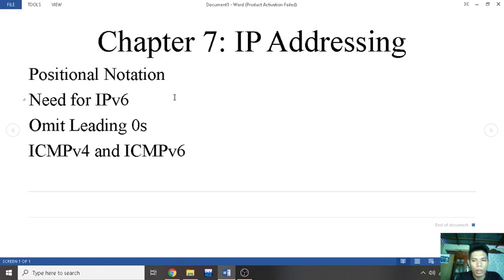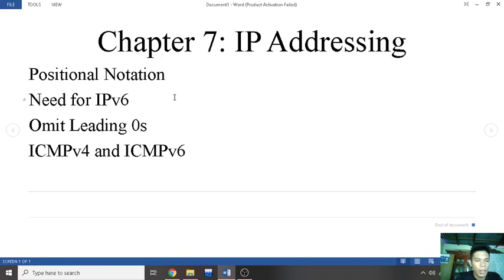So 01AB is represented as 1AB. And 09F0 can be represented as 9F0. So we are always omitting the 0 on the first number. So 0A00 will be represented as A00. And 00AB can be represented as AB.